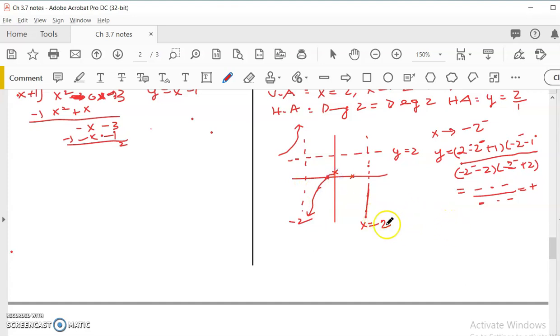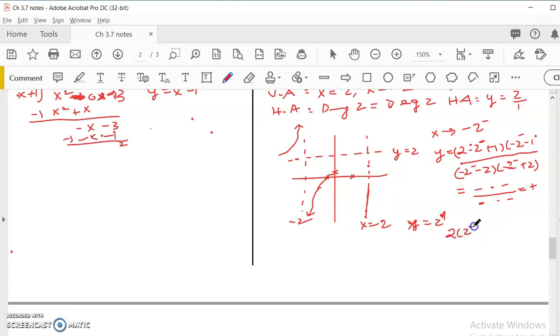So let's see on this side. What about x equal to 2, on the positive side, like 2.1 going into the vertical asymptote?